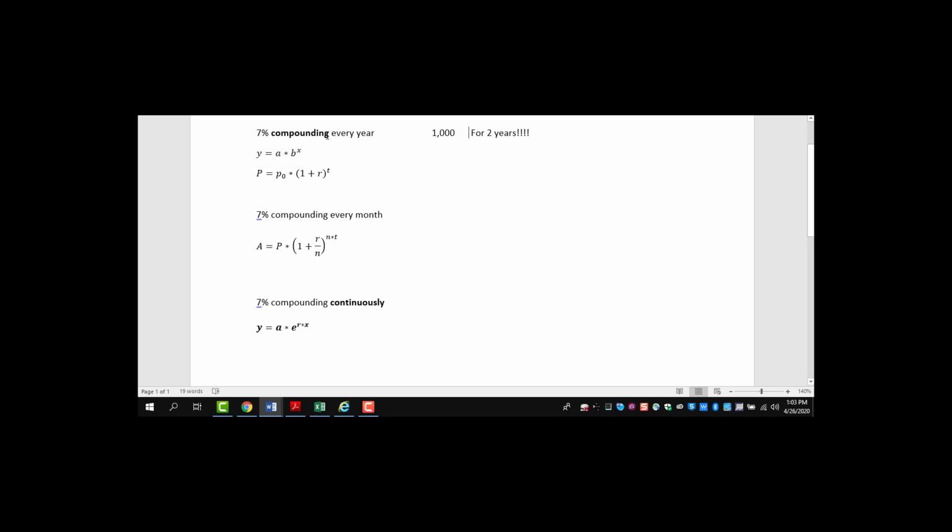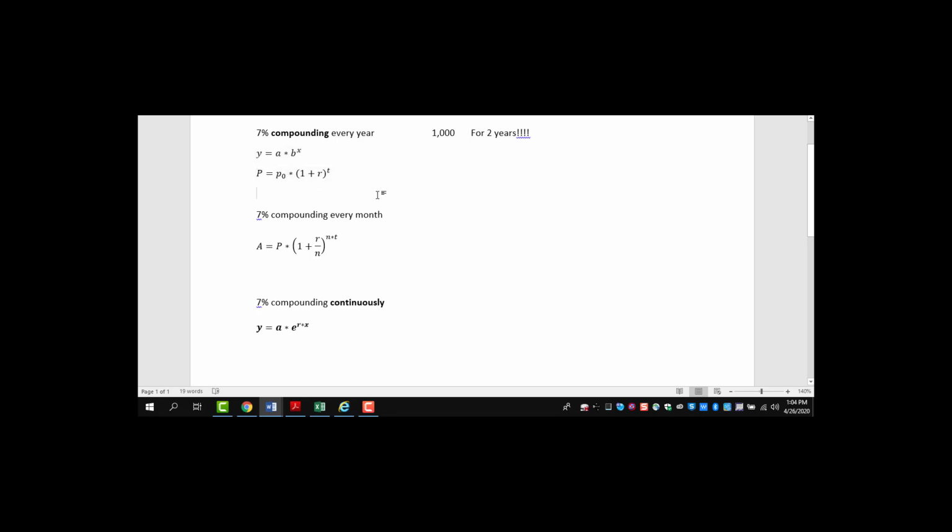So that's compounding, right? Compounding every year. You've probably seen this in the homework. It's the same equation, right? Initial value, rate, in this case, time period. This is more often used for money, but it's the same equation.